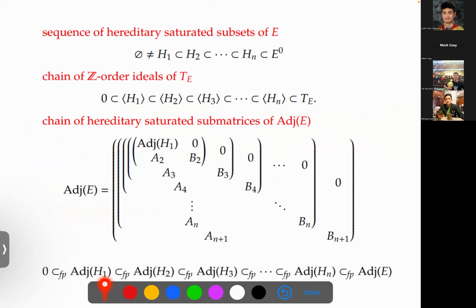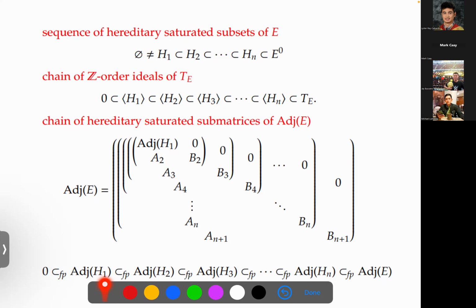But okay, probably one could ask, maybe this sequence might not be unique. Maybe I can reform my matrix in such a way that I get a different sequence. That's actually possible, but maybe we can hold on the length rather than the actual sets.